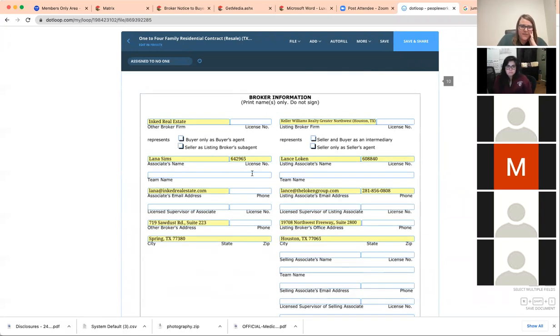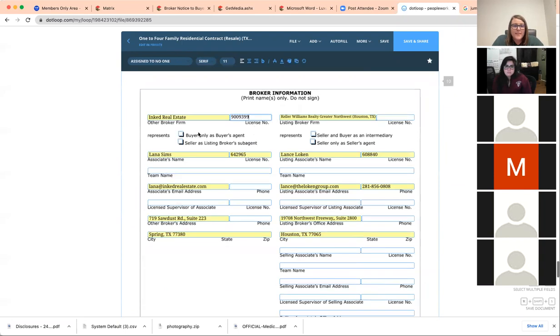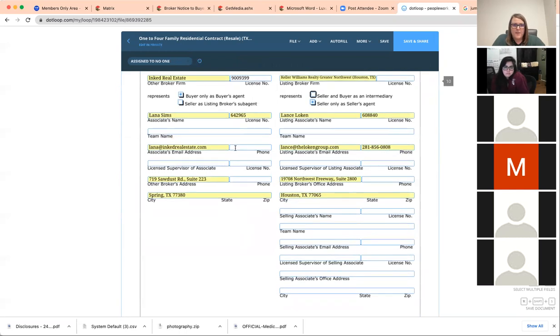Please try to have this fully filled out. It obviously fills out some information for you, but please put our license number, that you're representing the buyer, the seller's representing the seller, your phone numbers. I'm your licensed supervisor.